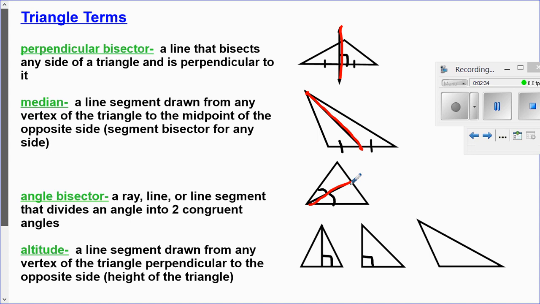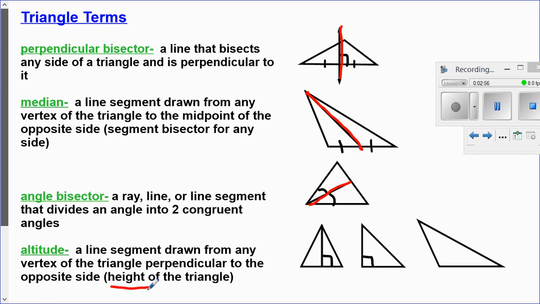So it's bisecting the angle. And again, I could go to any of the 3 vertices of the triangle and I could draw an angle bisector.